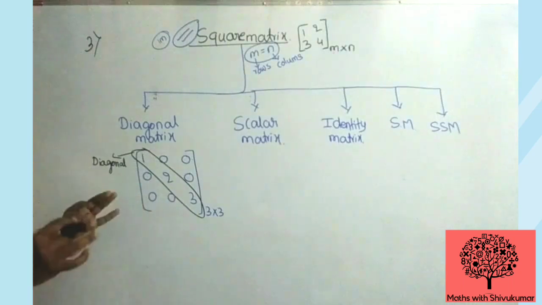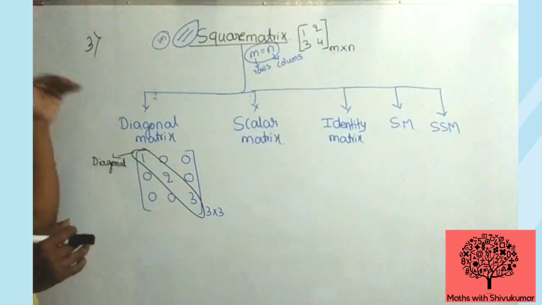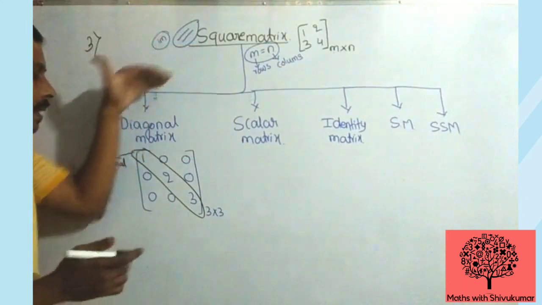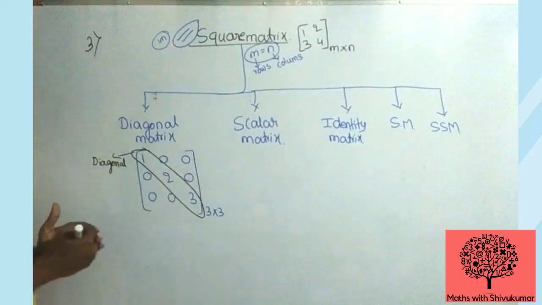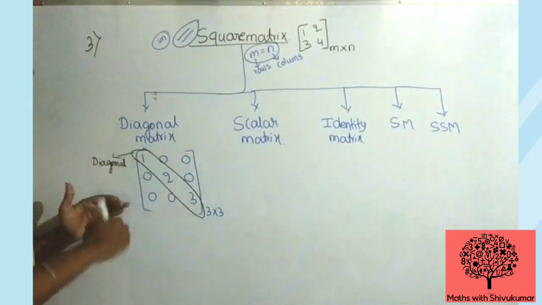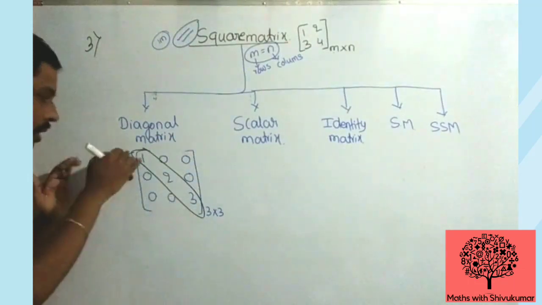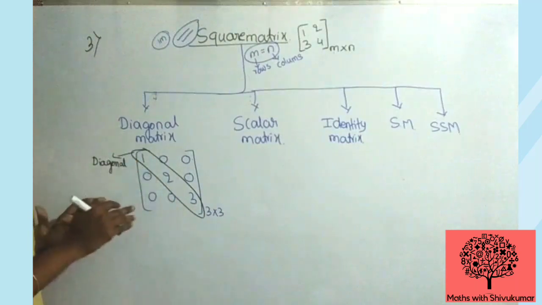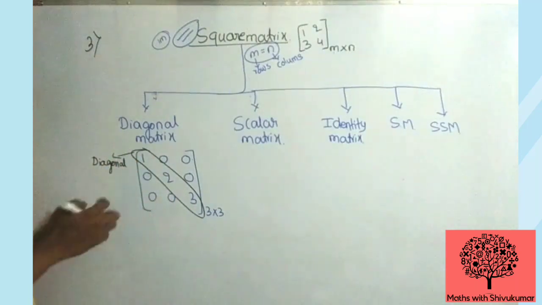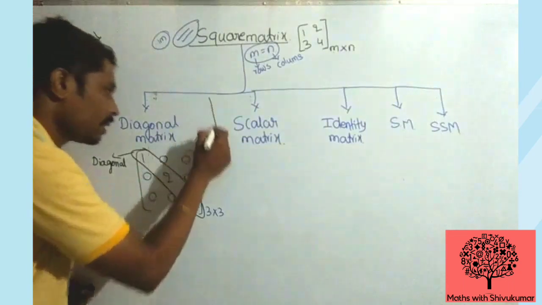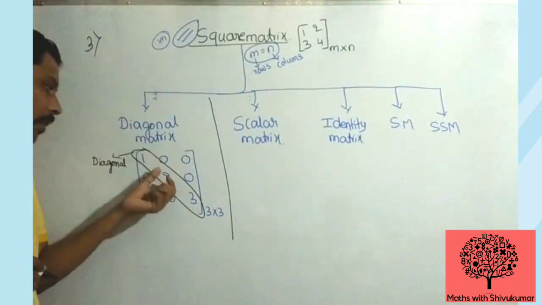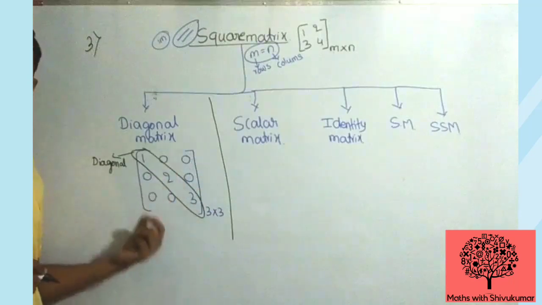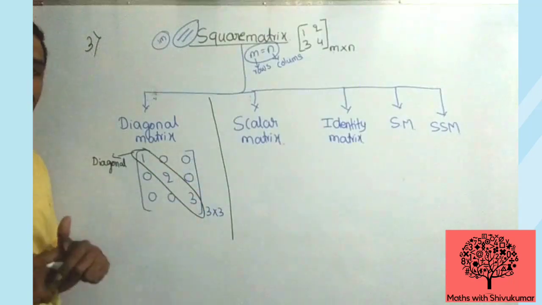So always remember, a diagonal matrix is a square matrix in which non-diagonal elements are equal to 0. No restriction on the diagonal elements. According to our wish, we can write the diagonal elements. Hope it is clear. Yes or no?